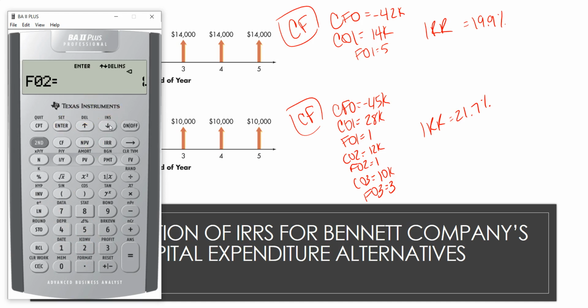And notice that the default frequency is 1, so as long as it's 1, you don't have to push anything. Cash flow at time period 3 is $10,000, enter to save. Scroll down, and that has a frequency of 3, so enter after I put in the 3. IRR, which is right next to the net present value button, and compute, and we get 21.7%.